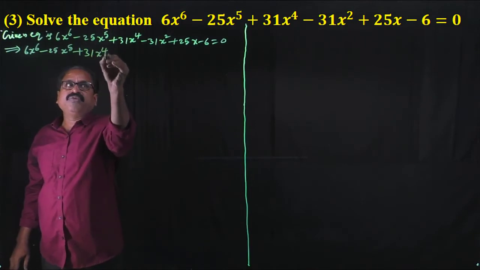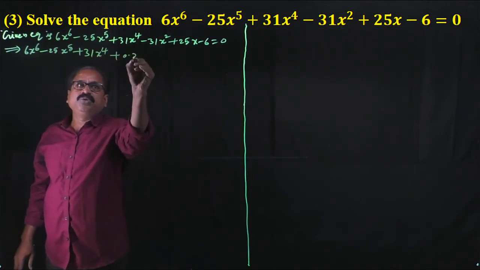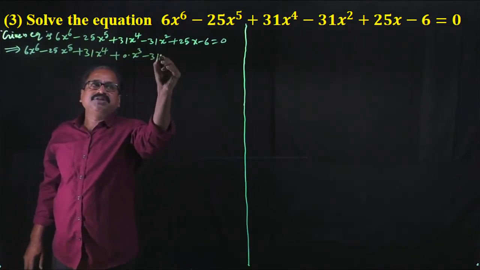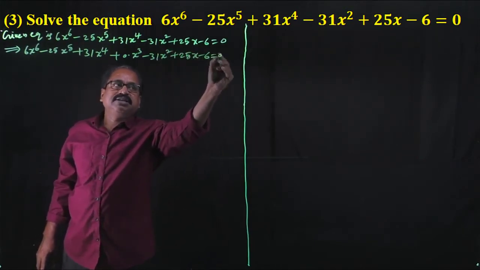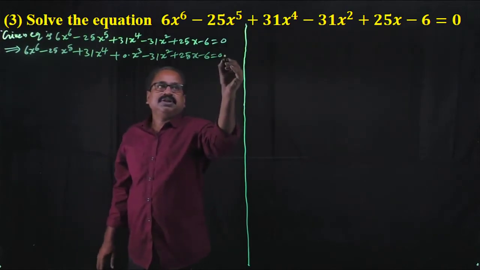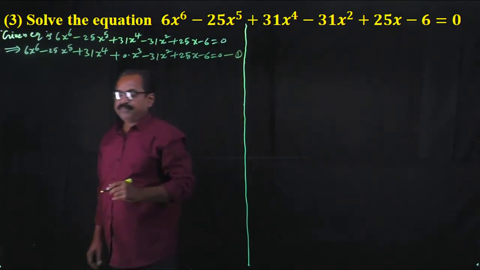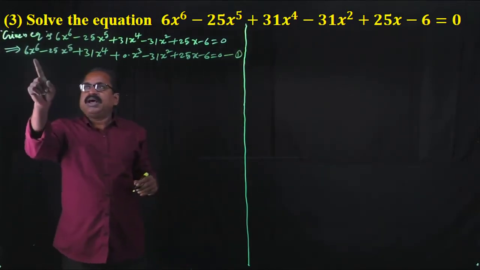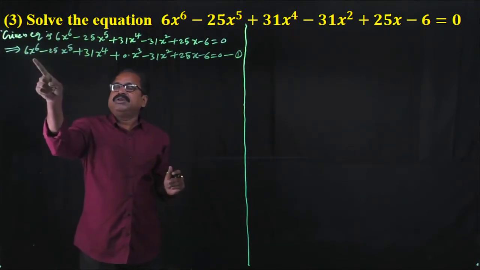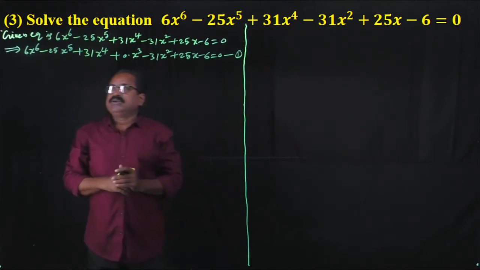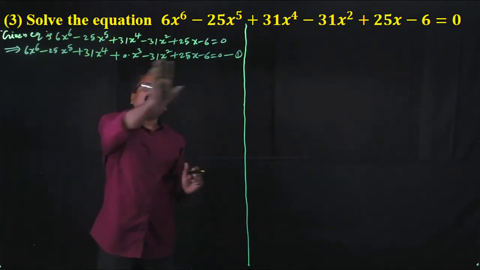Here the coefficient of x cube is missing, so plus 0 into x cube minus 31x square plus 25x minus 6 is equal to 0. This is equation number 1. So here the highest power is x power 6. Put x is equal to 0, we get minus 6. So this is an even degree reciprocal equation of class 2.